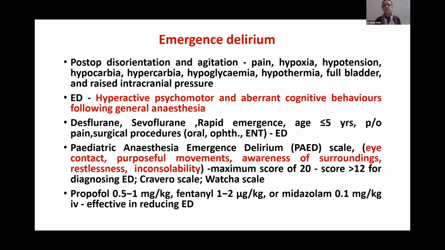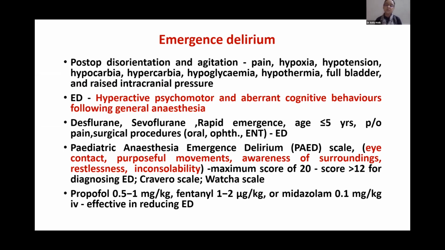Now, there is post-operative disorientation and agitation with so many factors. It may be pain, hypoxia, hypotension, hypocarbia, and so on. But emergence delirium is hyperactive psychomotor and aberrant cognitive behavior following general anesthesia.